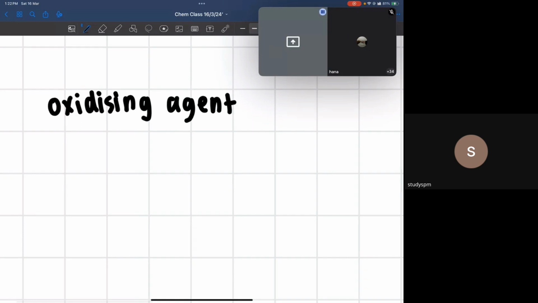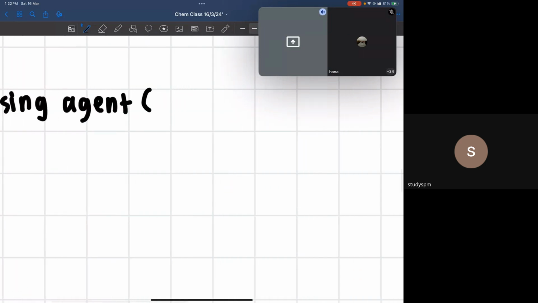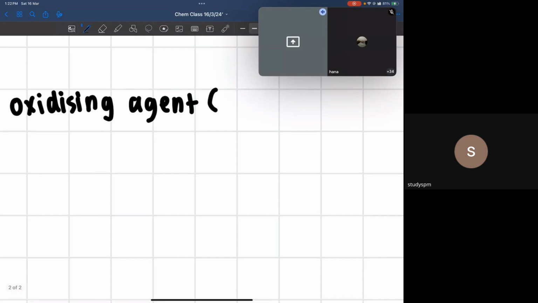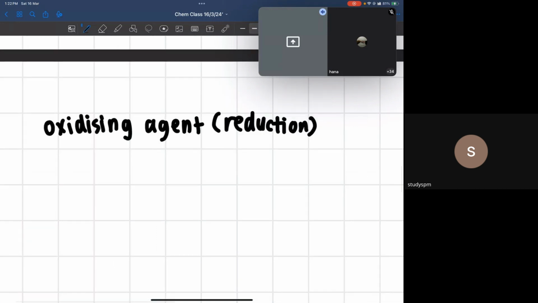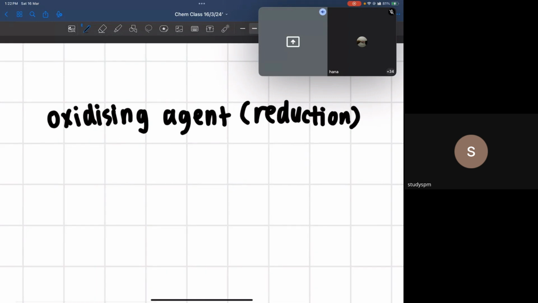Okay, so for oxidizing agent, as I said, undergo oxidation or reduction? Reduction, right, because it's opposite. Okay, so the oxidizing agent that is most famous, that they really want us to know, is the first one, acidified.